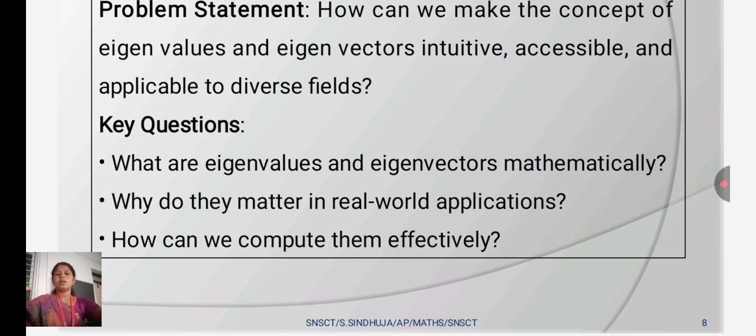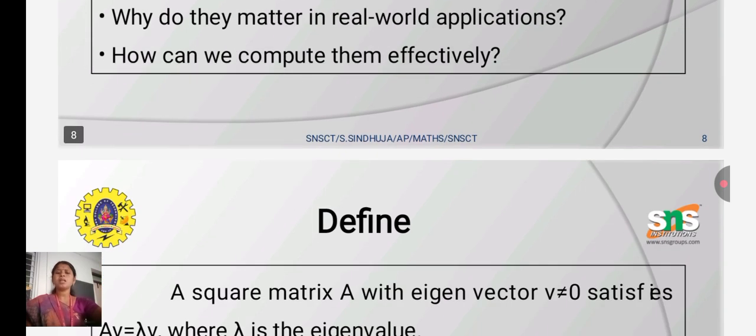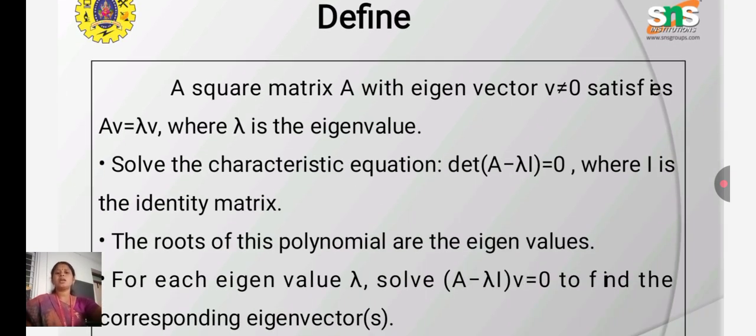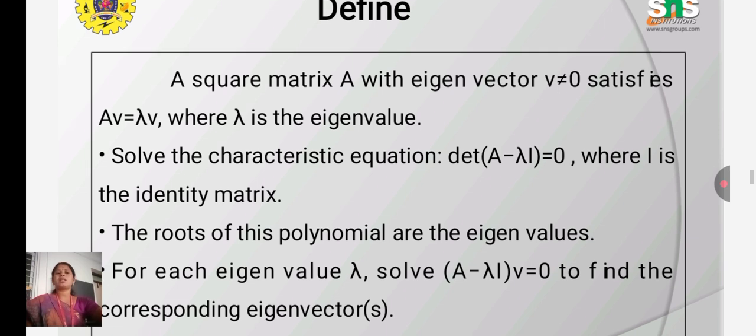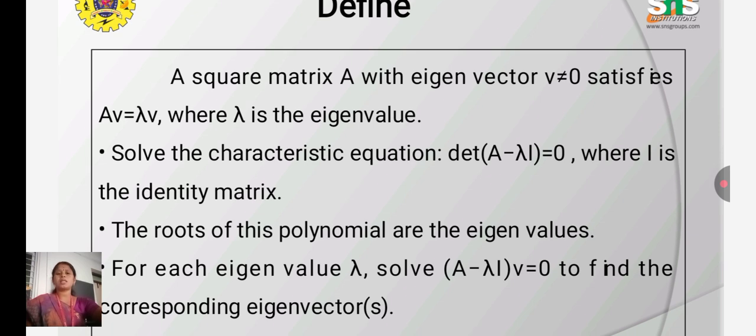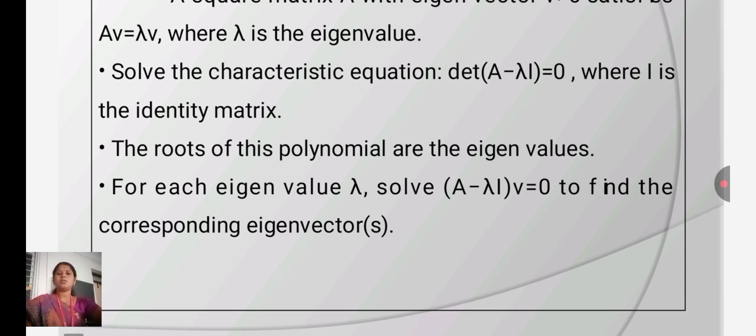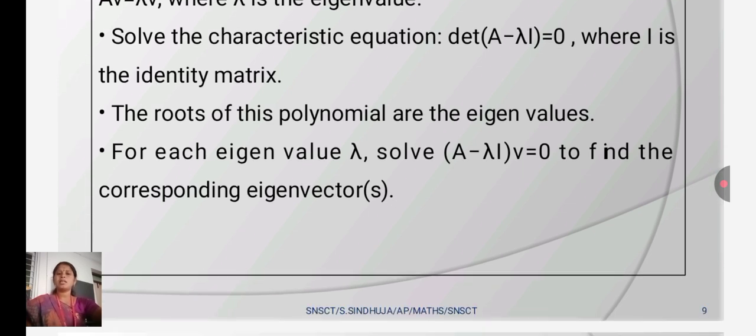That is, what are eigenvalues and eigenvectors mathematically? Why do they matter in real world applications? How can we compute them efficiently? Clear? A square matrix A with an eigenvector V not equal to 0 satisfies AV equal to lambda V, where lambda is an eigenvalue. Solve the characteristic equation determinant of A minus lambda I equal to 0, where I is the identity matrix.